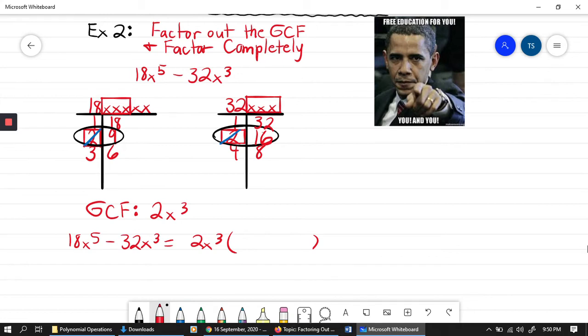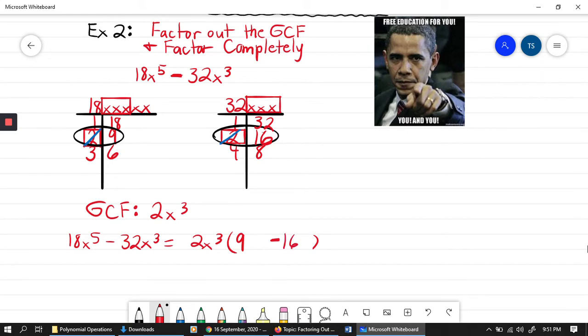So from the first term, the number that's left over is 9, right? Because 2 times 9 is what it takes to get to 18, right? And the part that's left over from that second term, and just remember, folks, that this was minus, the number part that's left over from that second term is 16.